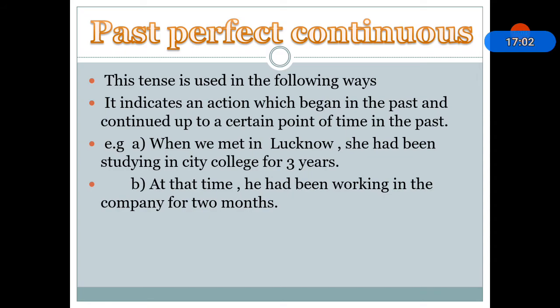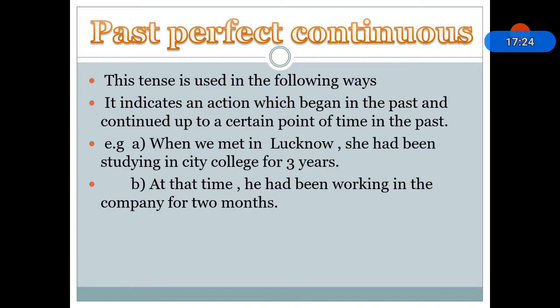It is also used to express a repeated action in the past or a continuous action. Example, he had tried many times to phone her, or he had been trying to phone her.